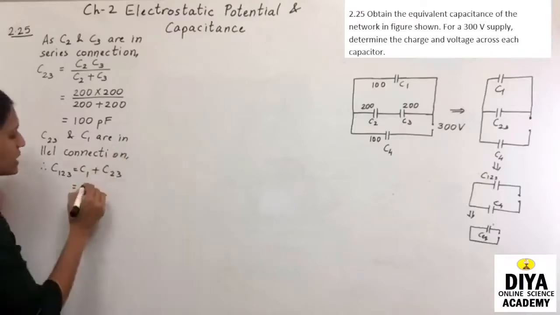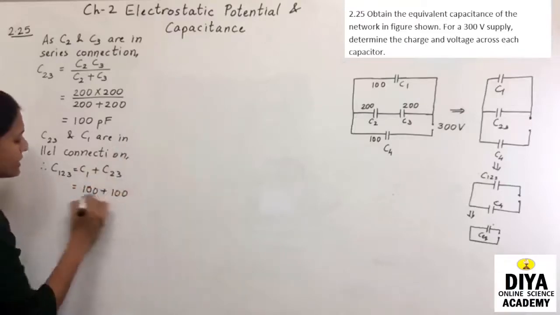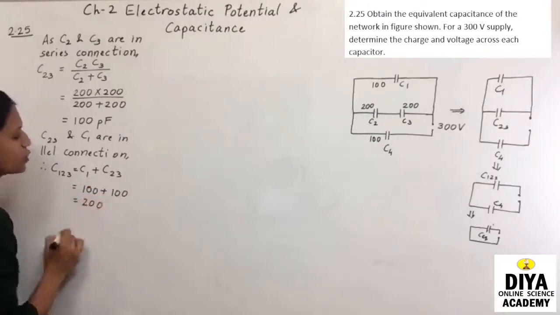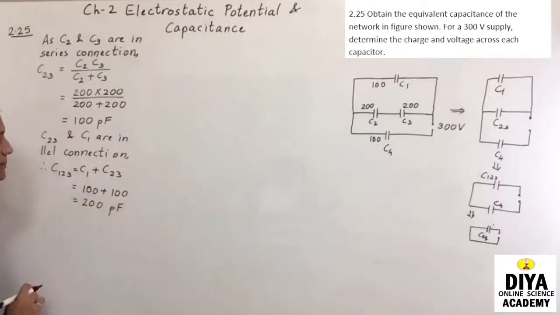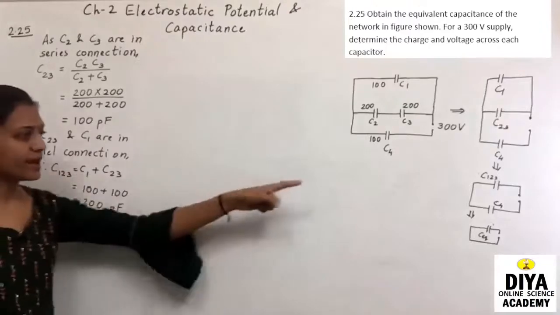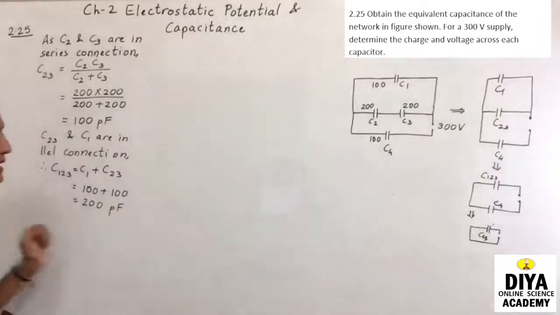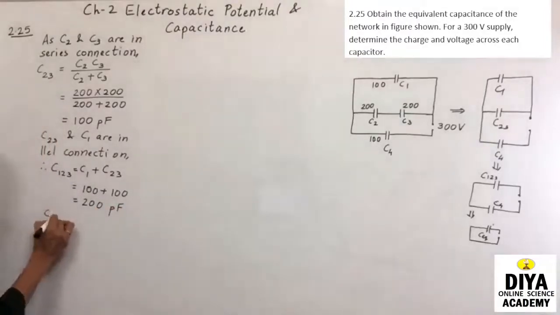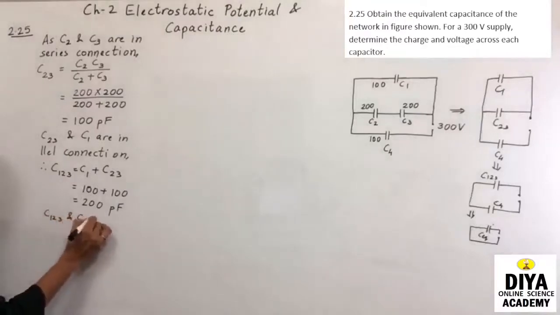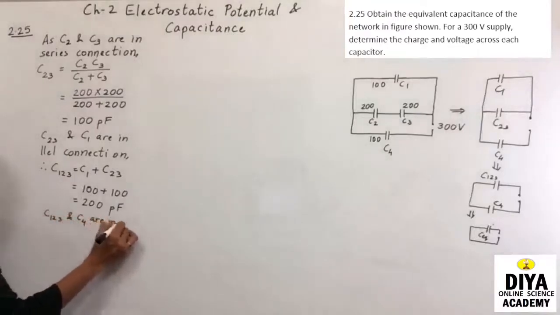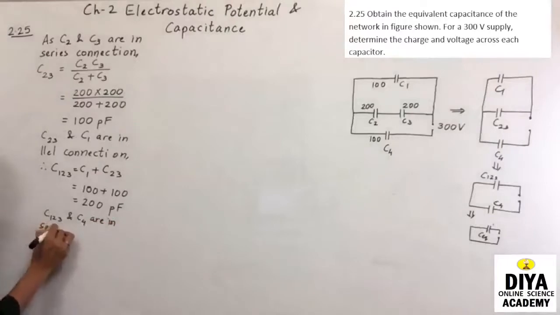C1 is equal to 100. C23 is also equal to 100. So that will give you 200 picofarad. Now C123 and C4 are in series connection.